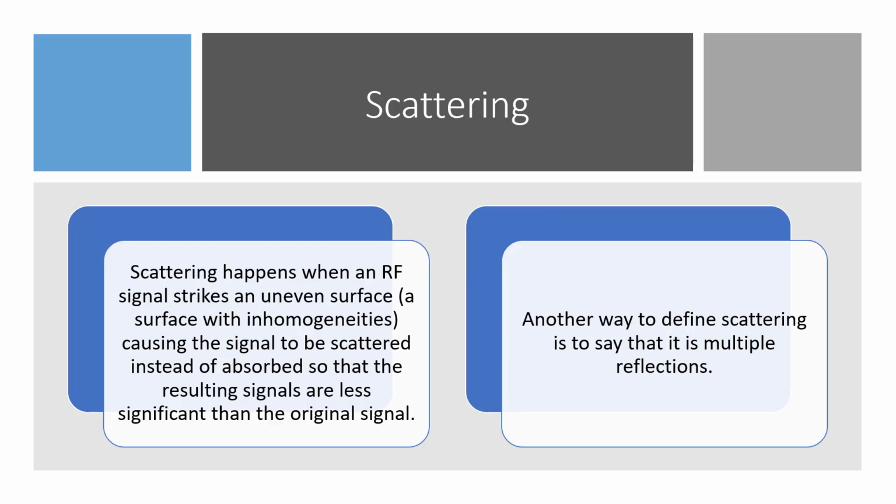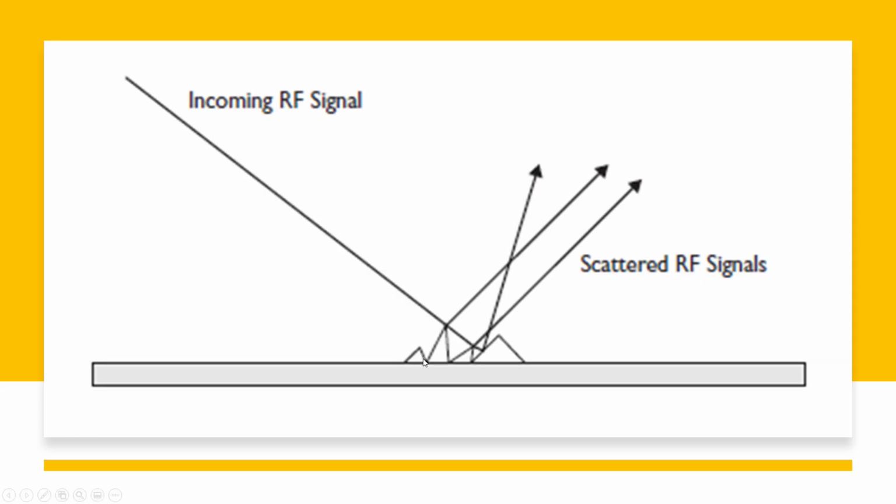Now another one is scattering. Theoretically, even though we call it a smooth surface, no surface in the world is smooth. They have some sort of inhomogeneity, just tiny specks. Even though when we touch it we see that it's very smooth, in reality, if you observe it with a microscope, it's not smooth.